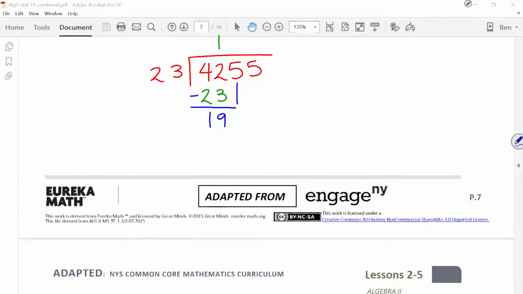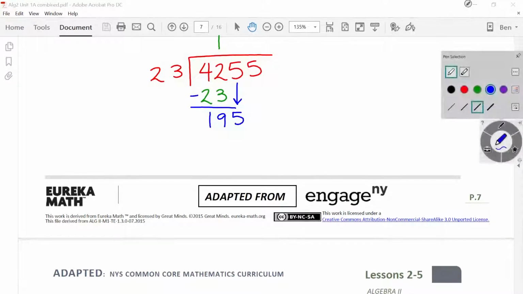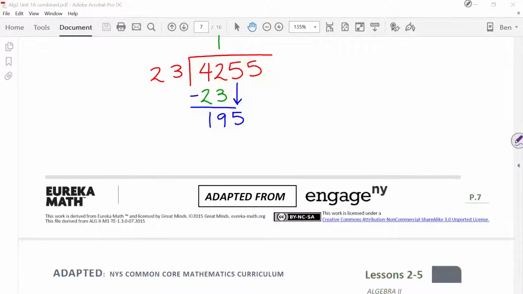I then bring down the 5, I carry that down, and I now have 195. And I start that process all over again. I ask myself, 23 goes into 195, or the way we'll think about it with polynomials, 23 times what is 195? And the closest I can get that's less than 195 is 8.